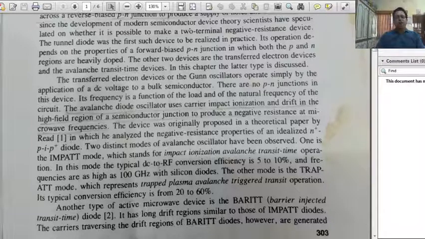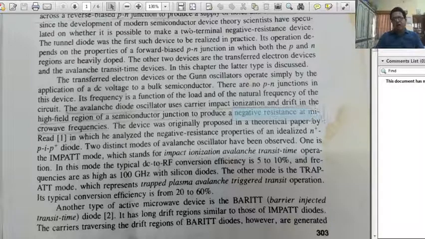Now the avalanche diode oscillator. The avalanche diode oscillator uses carrier impact ionization and drift in the high field region of a semiconductor junction to produce a negative resistance at microwave frequencies.